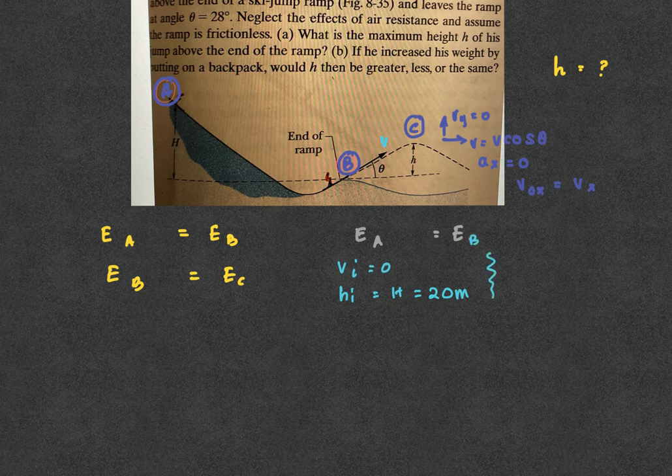And when you look at point B, V final, we don't know what it is, so it's v. And then H final equals 0, because this is the level we take as our 0 potential level. So when you use the total energy at point A and at point B, kinetic energy initial goes away, because V initial is 0, and mgh initial will stay, and there you have kinetic energy final that will stay, and then the potential energy term will go away, because that is mgh final, which is 0.